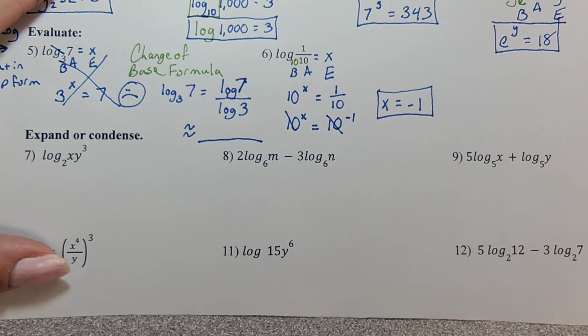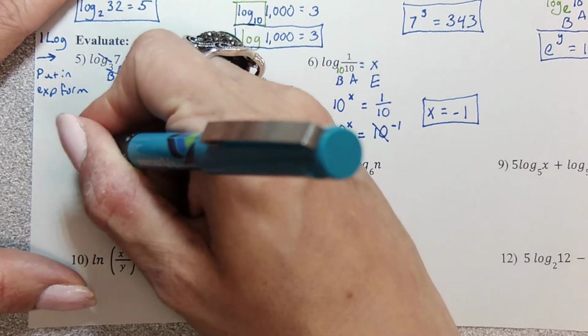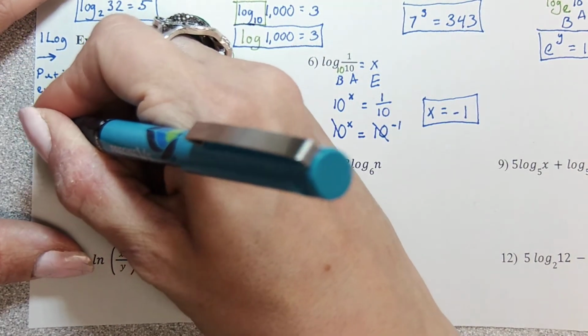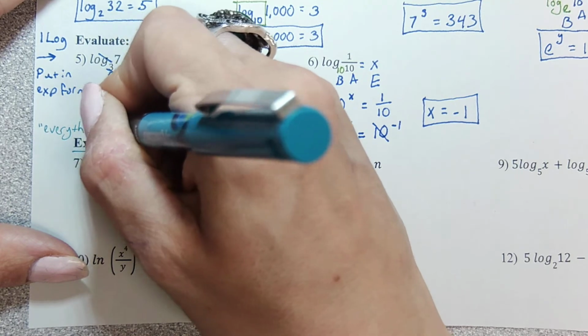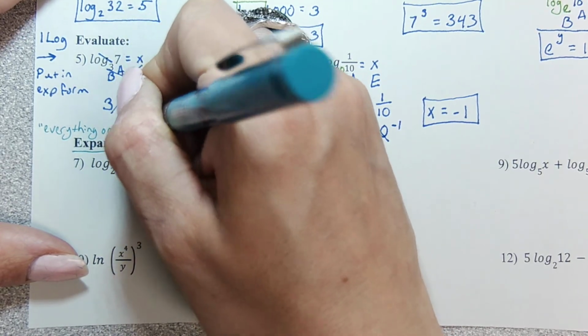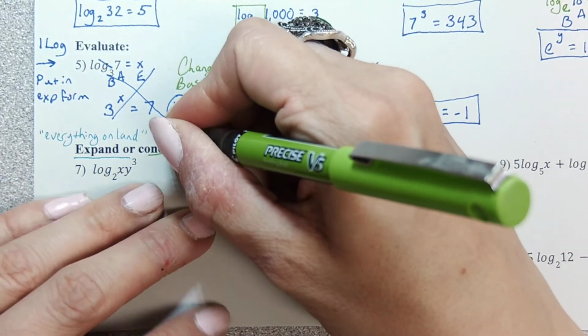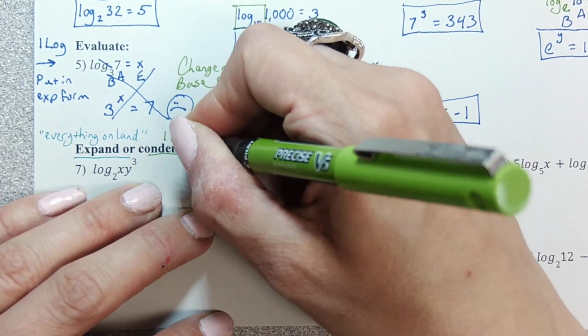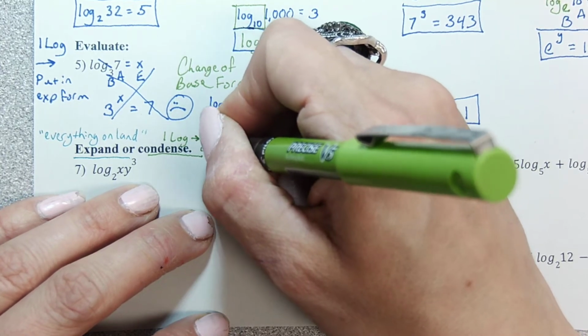So the first thing we are going to do is figure out which we are trying to do on these problems. Expand means everything on the land. And for condensing, we want 1 log, and we want to send coefficients to the clouds.